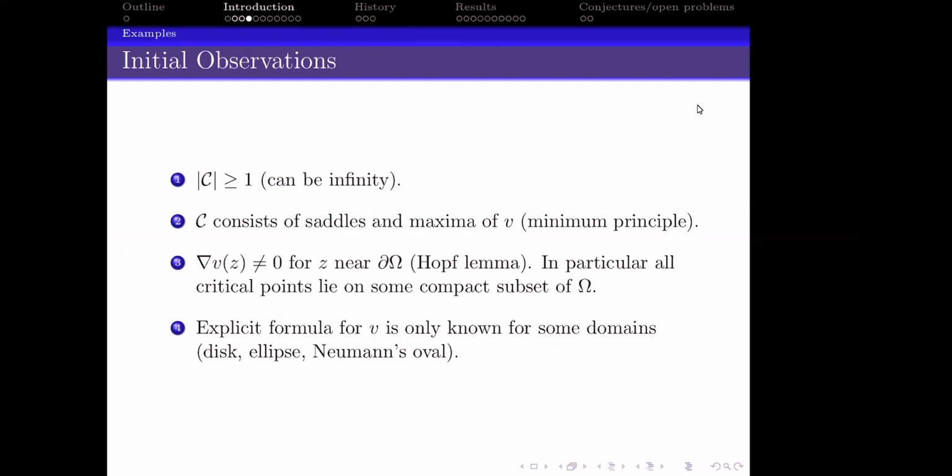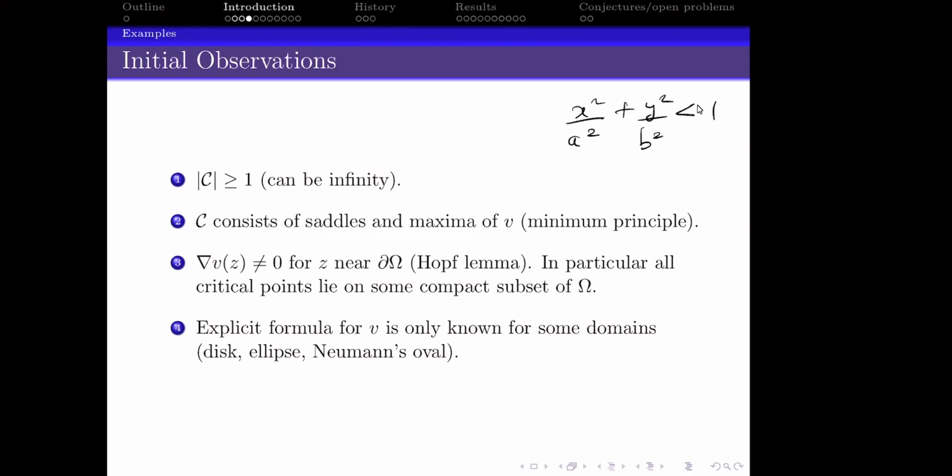Ellipse is a good exercise. If you have an ellipse, x squared by a squared plus y squared by b squared less than 1, then you can actually write it down explicitly. It's a multiple of this function, 1 minus a constant times (x squared by a squared plus y squared by b squared).